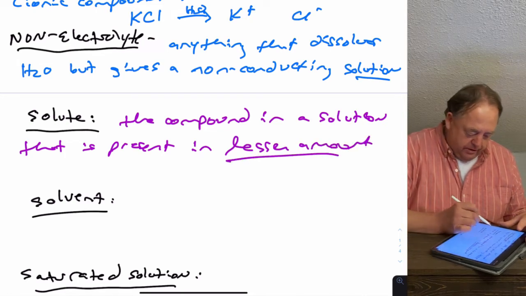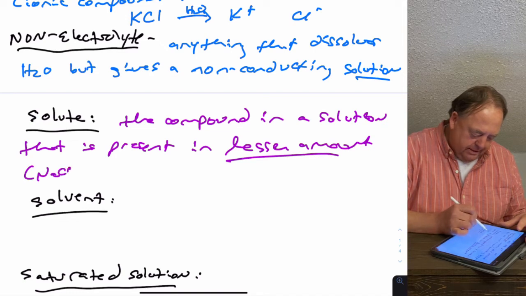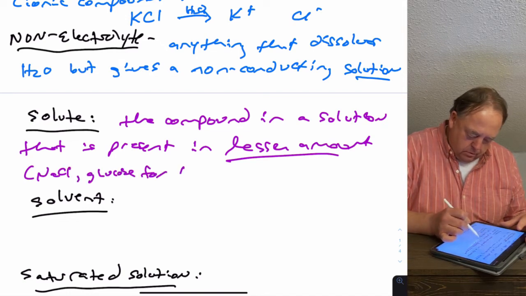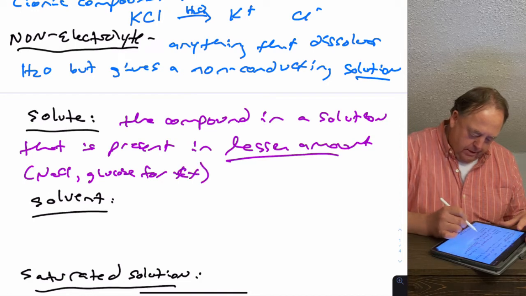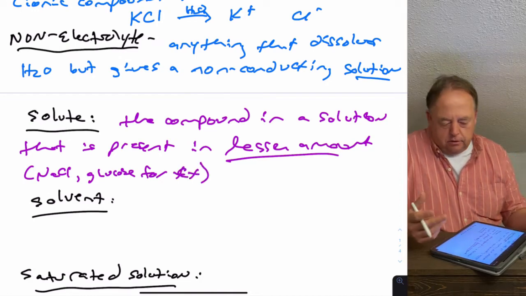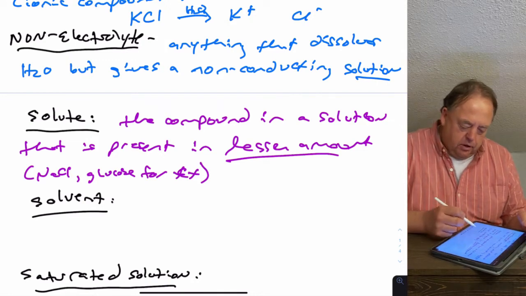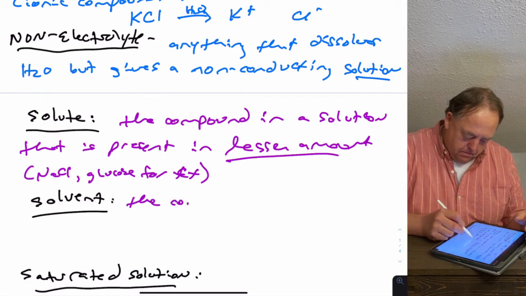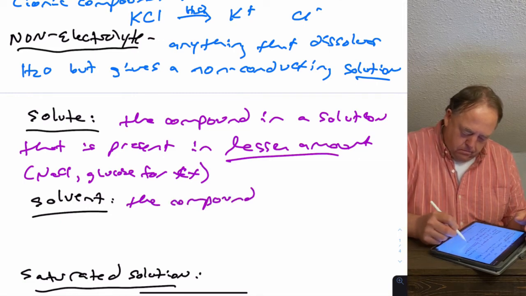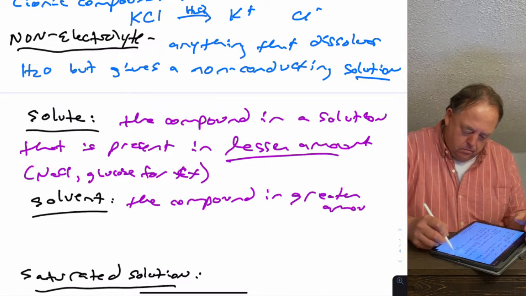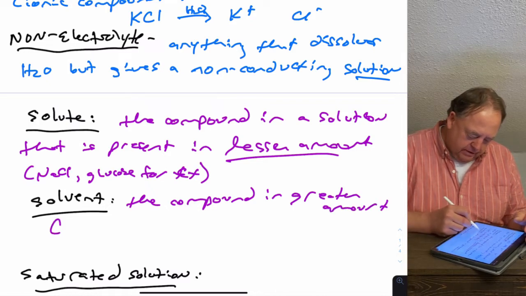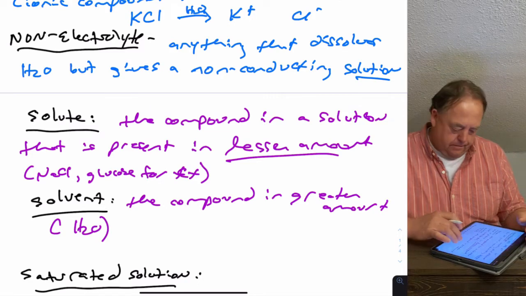So in the previous two examples, that would be the NaCl or the glucose. And the solvent, so a solution is a solvent plus a solute, and the solvent is the compound in the greater amount. So of course in the previous examples that would have been water.